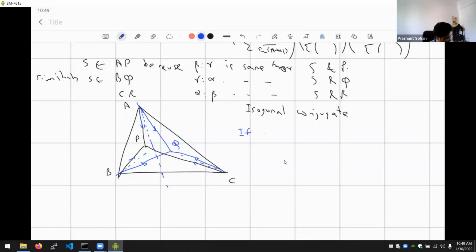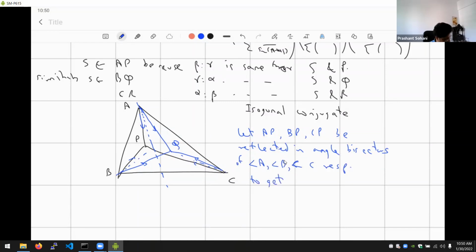I'll put it in a different way: let AP, BP, CP be reflected in the angle bisectors of angle A, angle B, angle C respectively, to get AQ1, BQ2, CQ3. So these reflected rays are also concurrent.